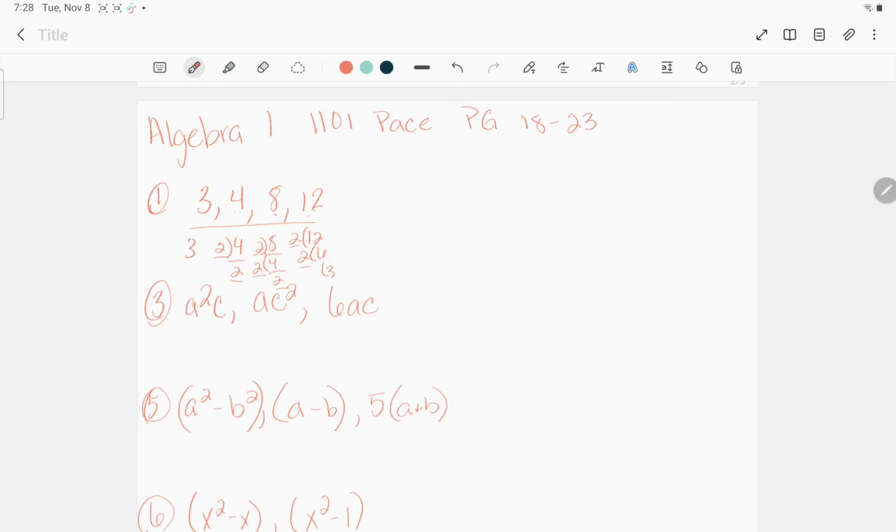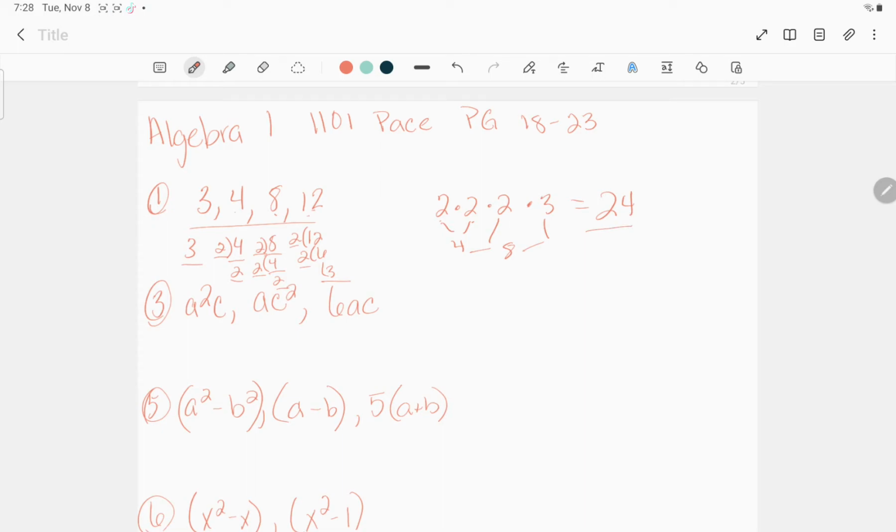So the maximum number that it shows up is 3 times. And then 3 shows up 1 time there and 1 time there. So the maximum number of times it shows up is 1. So now what you do is you multiply those 4 numbers together. 2 times 2 is 4. 4 times 2 is 8. And 8 times 3 is 24. And that is your answer to number 1.